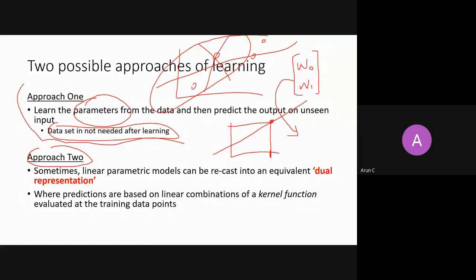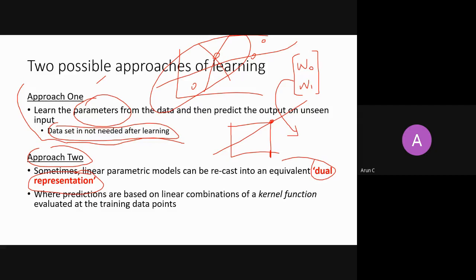Here you are not summarizing your information in terms of parameters, but using your data to predict. This technique is called a dual representation. In dual representation, you use your data directly for prediction.